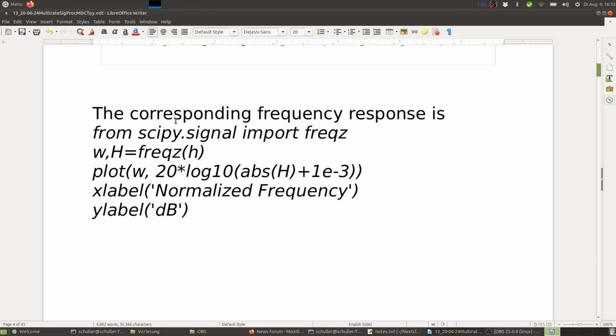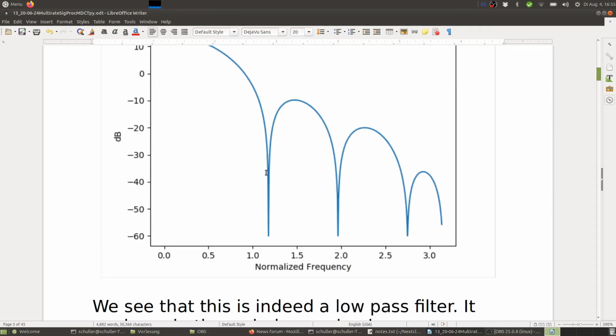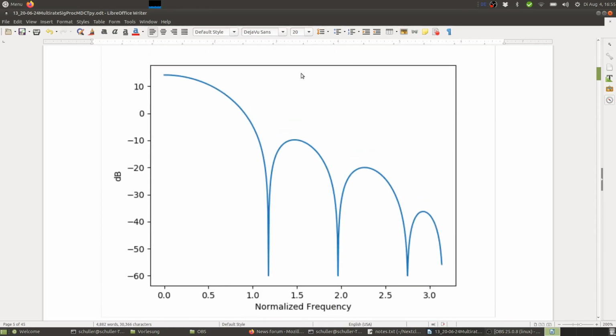So then we can take a look at the corresponding frequency response using SciPy freqz, plotting the dB numbers of the magnitude, and we get this plot. So here we can see that we have the passband. So this is our low pass passband here above, and then we have the transition band, and here we have the stop band.